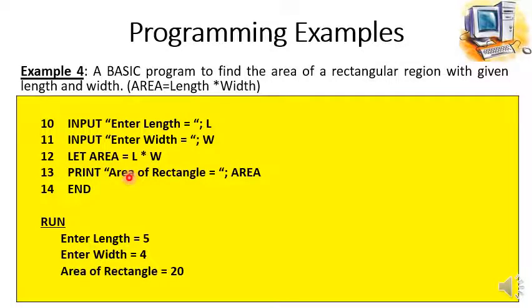Then in the fourth statement, we are using the output statement, that is the print statement, to print the value of this variable area. First it will display the string message area of rectangle is equal to, and then the value of this variable area, which is 20. This will be the output of this program.